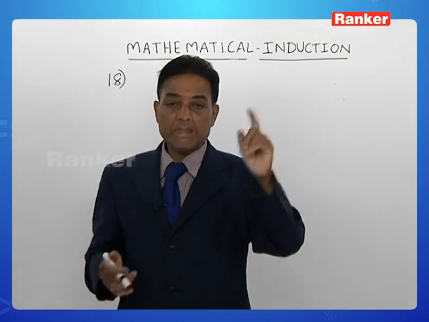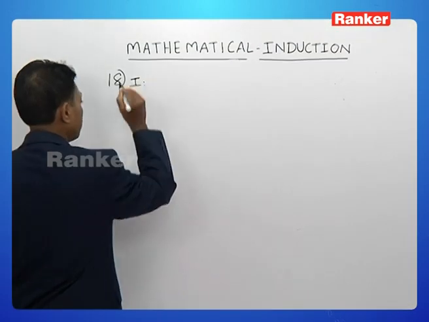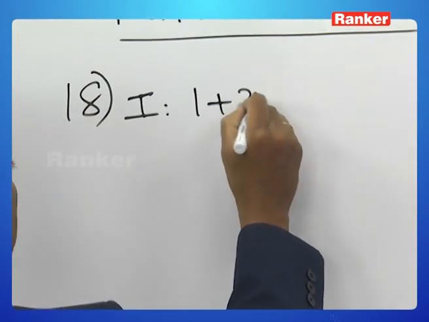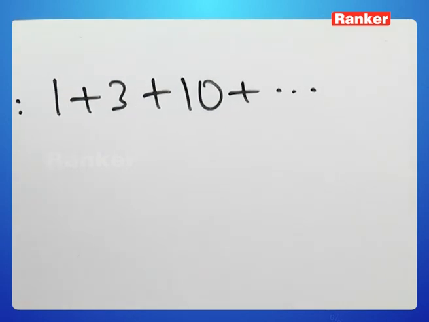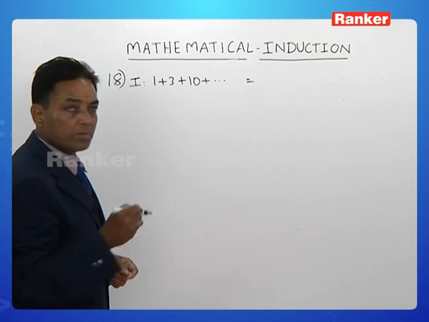Question number 18. Under question number 18, the first statement is given: 1 plus 3 plus 10 plus so on up to n terms, given by n into n plus 1 by 2.